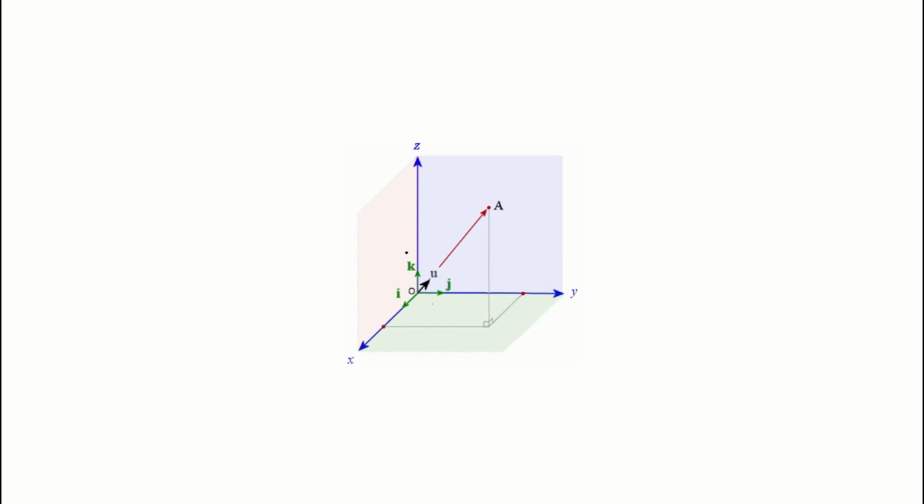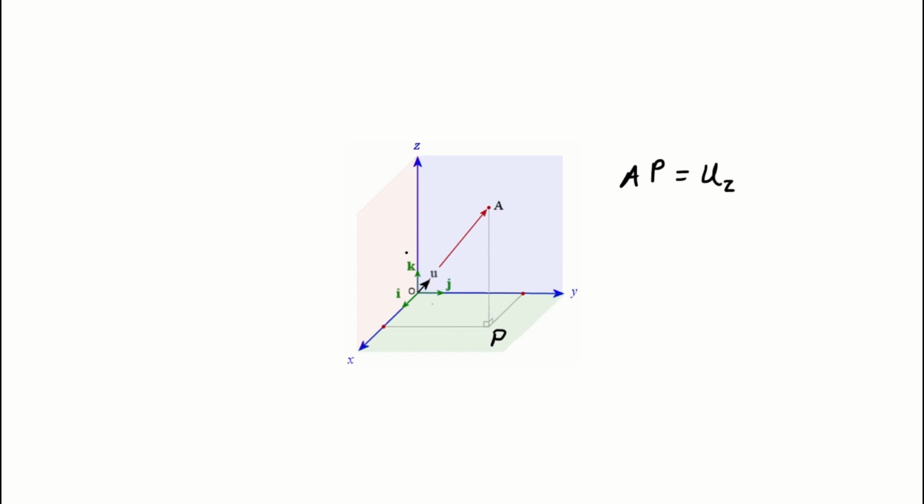Let us suppose this line meets the xy plane at point P. The height AP will give you the component of u along the z axis. This is u subscript z. In this way you will find all the components.